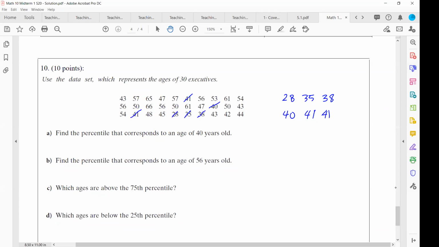Okay, so 42, 142 here. Any other 42? Let's look for everything. Nope, 43, 143 here. Any other 43? Yes, I have 43 here. 44, okay.